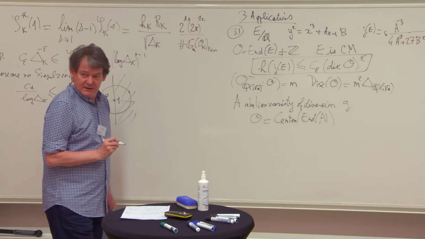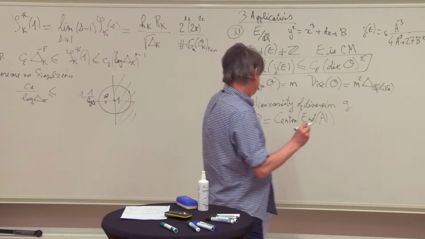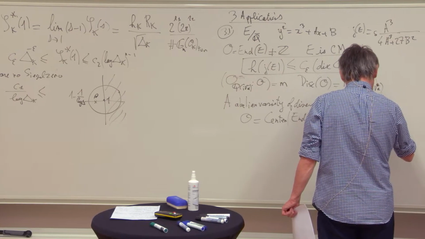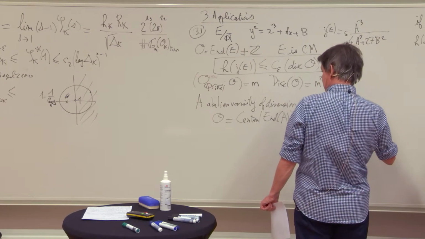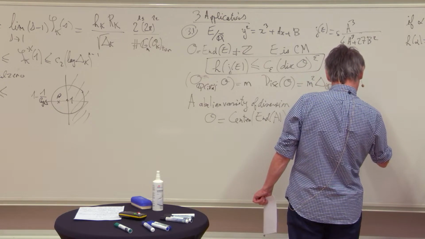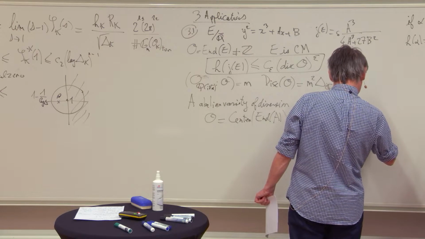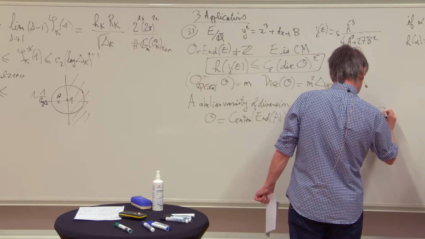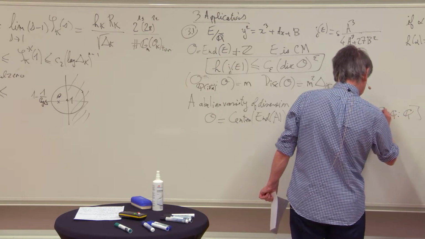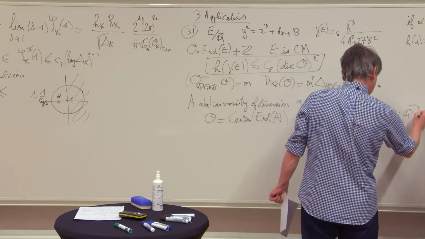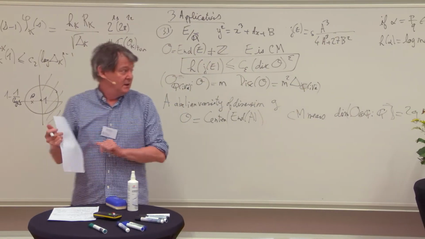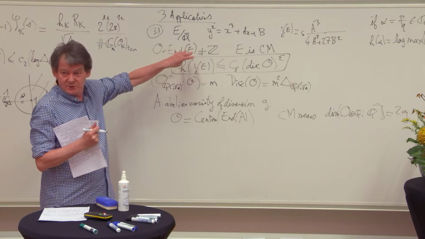And A is CM means that the dimension of O tensor Q over Q is 2g. So here, for elliptic curves, we had a quadratic field.